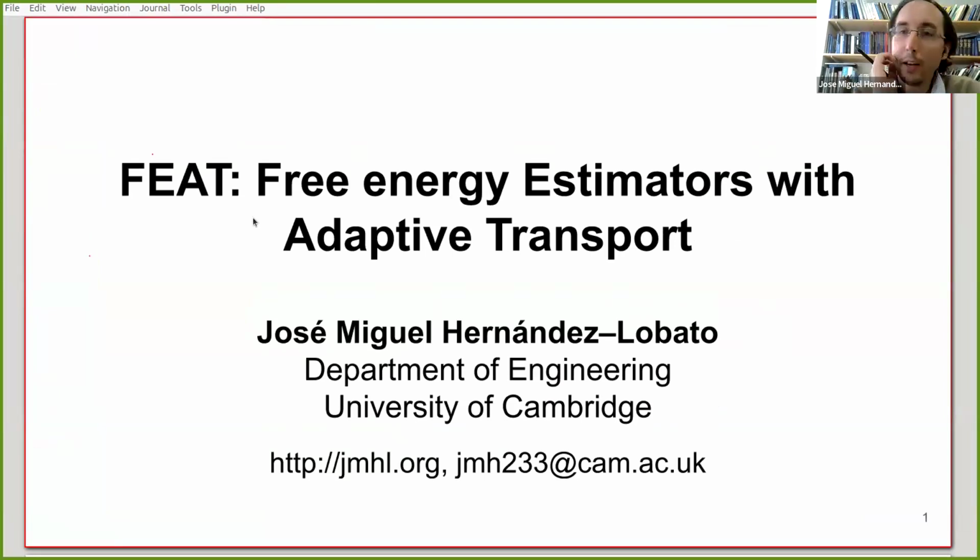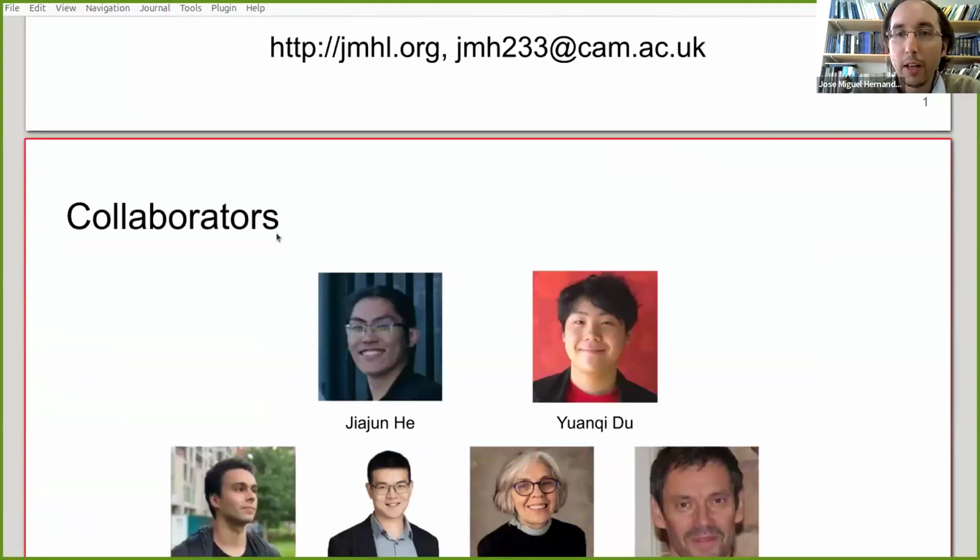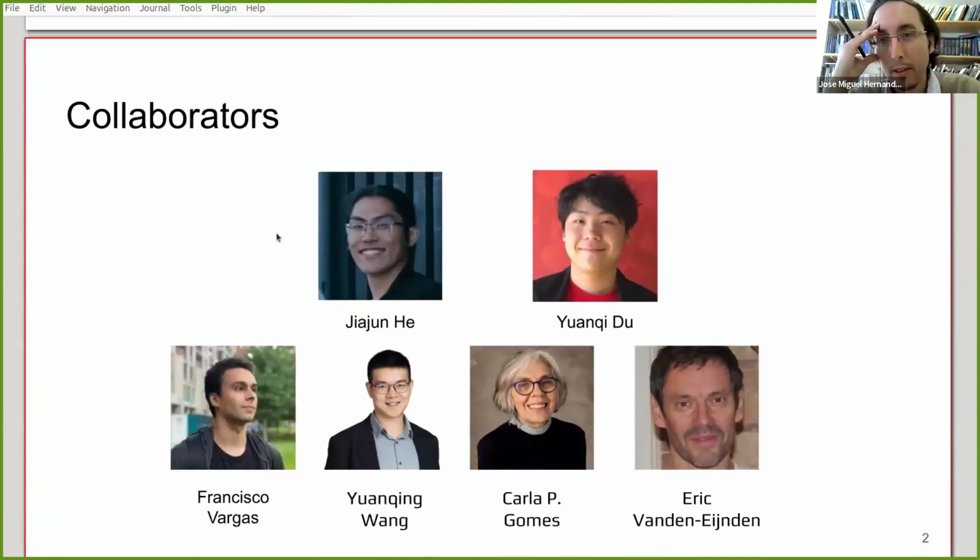Great. So I wanted to present this work on FEAT, free energy estimation with adaptive transport. This is work done in collaboration with Yaojun, Yanchi, Francisco Vargas, Yuan King, Carla Gomez, and Eric van den Eijnden.